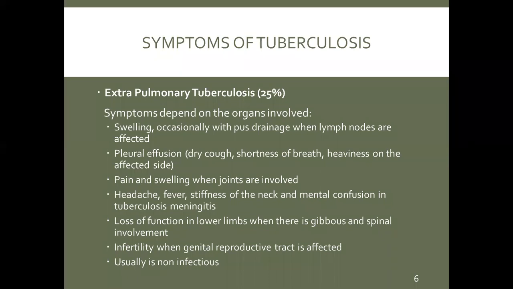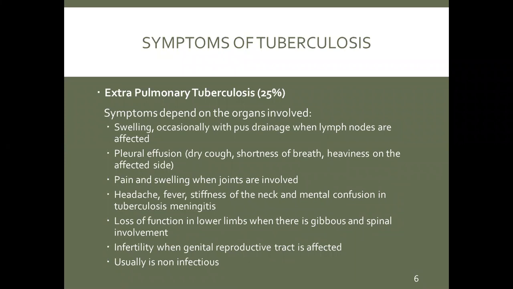If we talk about joint TB, usually a single joint is involved. Patients usually have chronic movement issues. The patient may have pain and swelling of the affected joint. In case of tuberculous meningitis, you may get a history of headache, fever, neck stiffness, and at times altered behavior is documented.